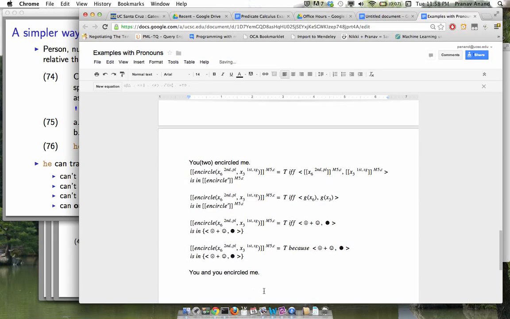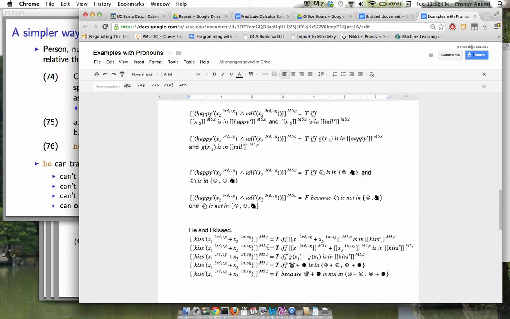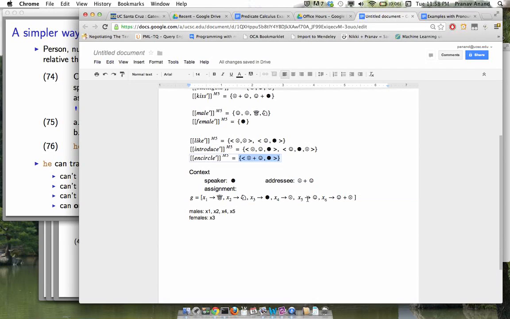All right, so the last one that we have to do is "you and you encircled me." And so the idea here is that each of these is singular, and it's those two singular together that give us our answer. So in this case, I actually am going to use the u. I'm going to assume that the u is a plus. And I'm trying to put these guys together. Okay, and so there are 2 possibilities here, and they are over here: x4 and x5 or x5 and x4.